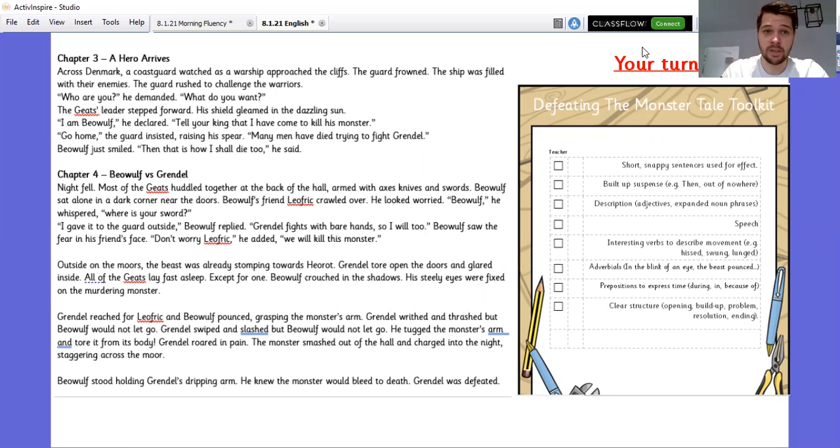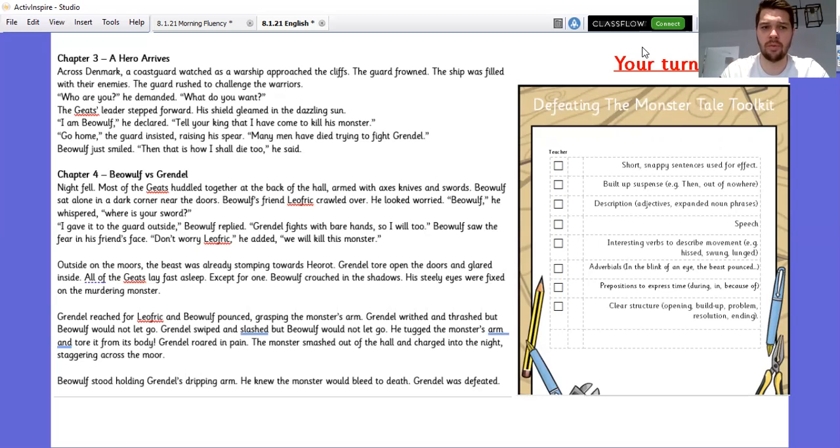Across Denmark, a coast guard watched as a warship approached the cliffs. The guard frowned. The ship was filled with their enemies. The guard rushed to challenge the warriors. "Who are you?" he demanded. "What do you want?" The Geats leader stepped forward. His shield gleamed in the dazzling sun.